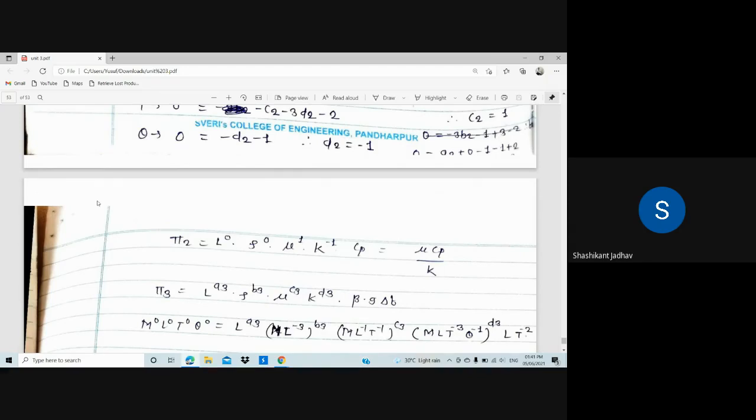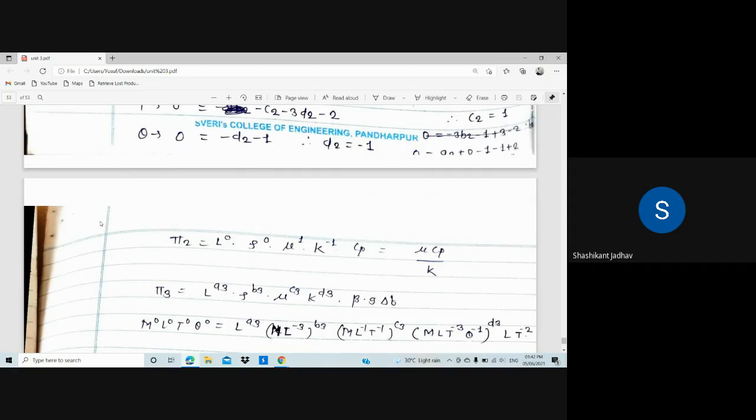Okay, so a2 is equal to 0, b2 is equal to 0, c2 is equal to 1 and d2 is equal to minus 1. So from that, what is the equation of pi2? Pi2 is equal to L raised to 0, rho raised to 0, mu raised to 1, k raised to minus 1 into cp. So from that we get the equation for pi2 as mu cp divided by k.